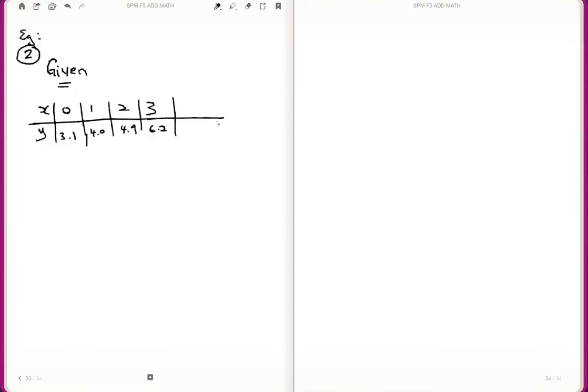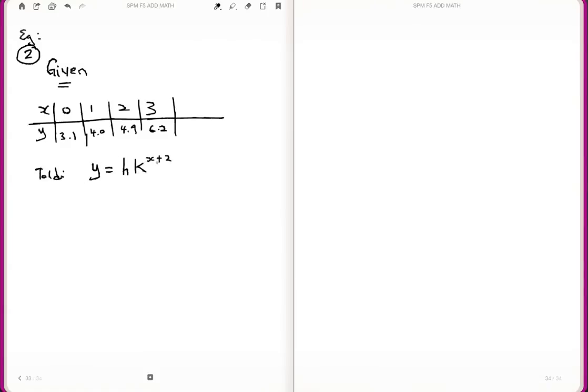Now, given this is what you have, you have more numbers behind it, but I'm not going to show everything. These numbers you get from an experiment, and you were also told that this data is related by y is equals to hk to the power of x plus 2, where h and k are constants. It won't stop there. You should continue to read your question.